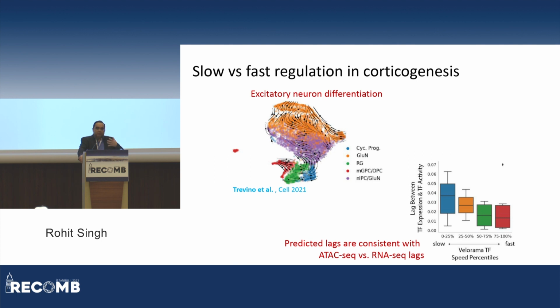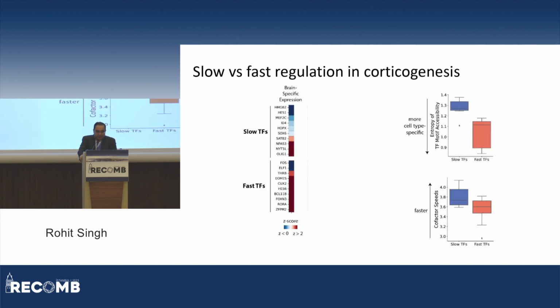And then, because Velorama can give you combinatorial answers about transcription factors, you can see what kind of cofactors are involved. And what you would expect from a pioneer transcription factor type theory, it turns out that slow transcription factors seem to disproportionately like to work with fast ones. You don't see this much for fast transcription factors. Now, what is the impact of this on disease?